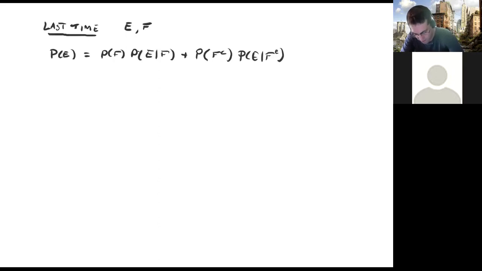So this is not Bayes' formula, this is the law of total probability, at least in a special case. We're going to talk about the general case at the end.